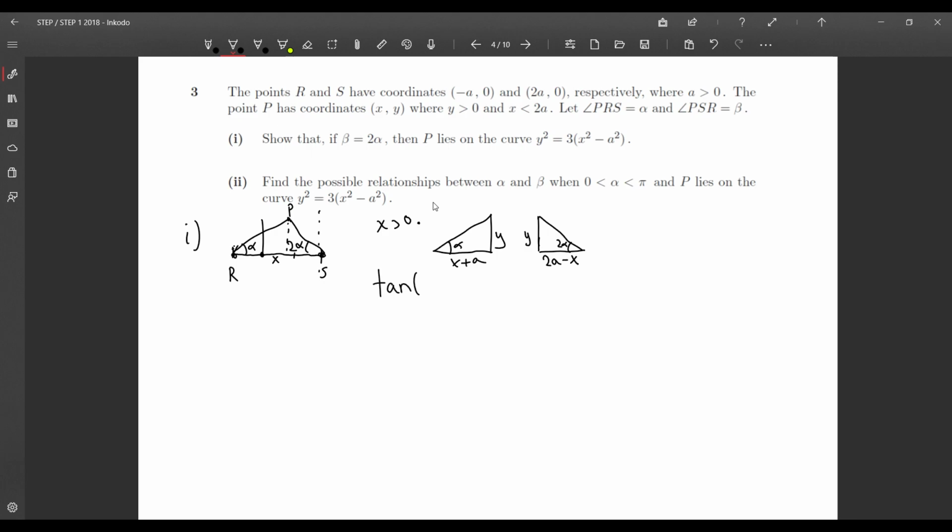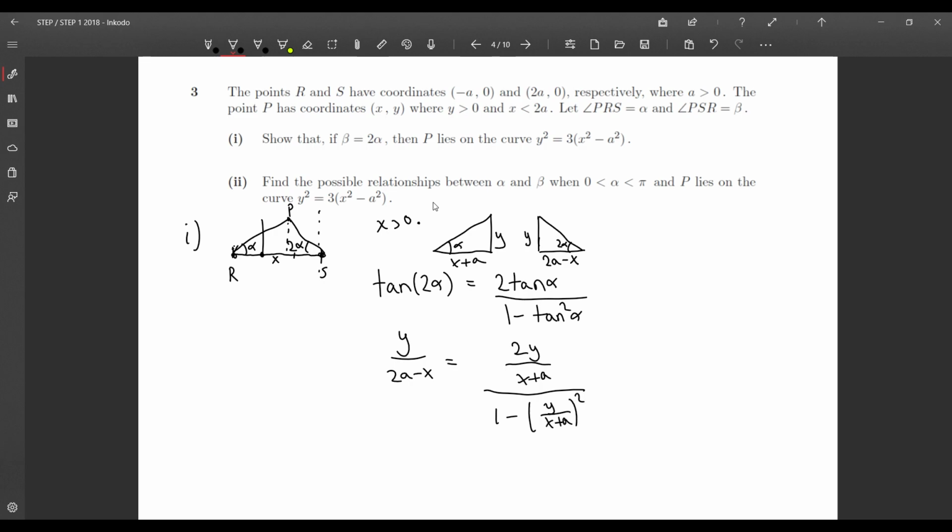So tan of 2 alpha is 2 tan alpha over 1 minus tan squared alpha. So what this means is that y over 2a minus x equals 2y over x plus a over 1 minus y over x plus a squared.